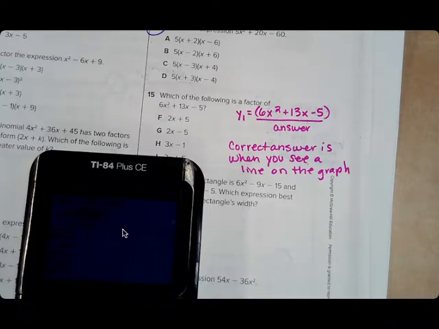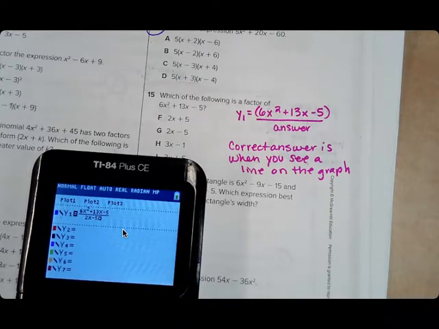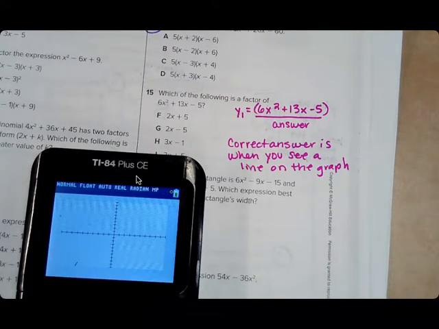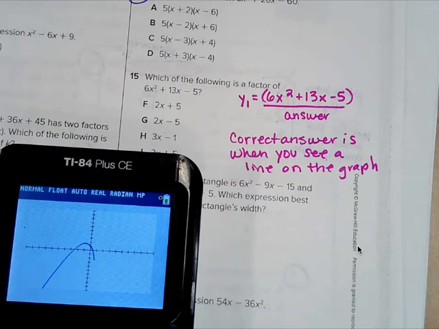Oh, I messed it up. So let's look at the next one. Oh, I forgot, for the G, 13. Okay, what about that one? That's not right. That looks almost like a quadratic, but it's tilted, so it's not even a quadratic. So we know for sure that one's out.